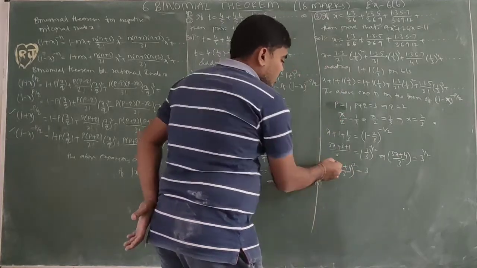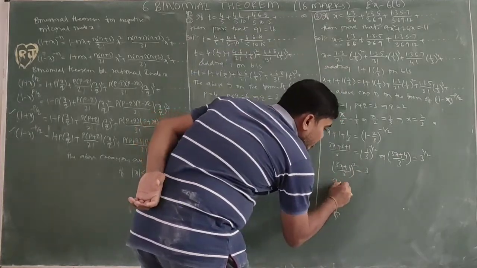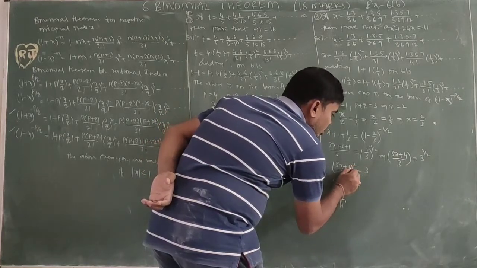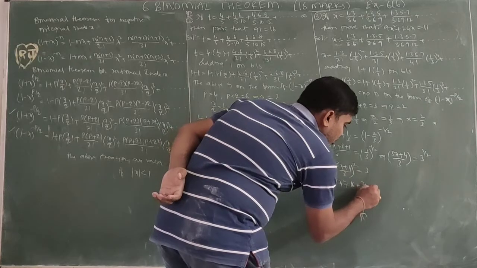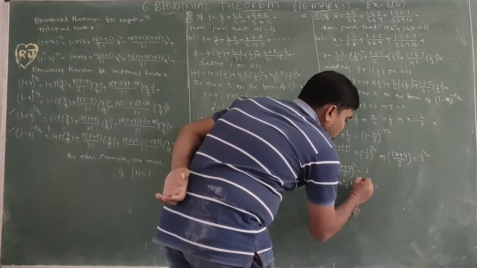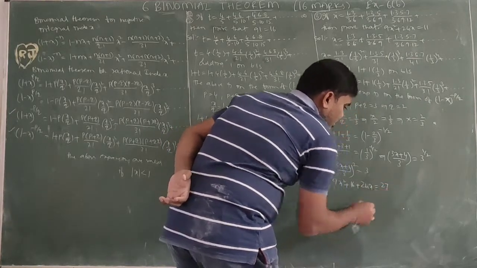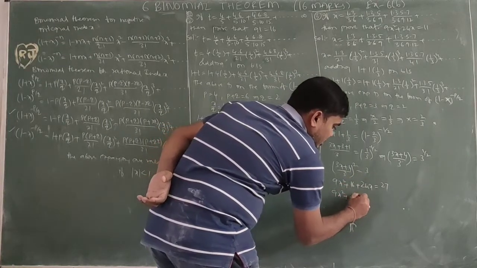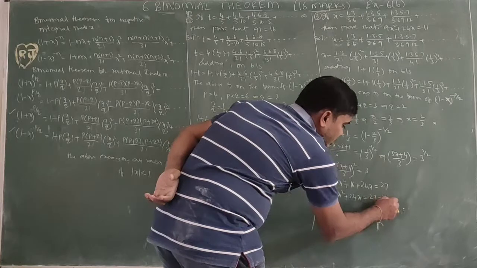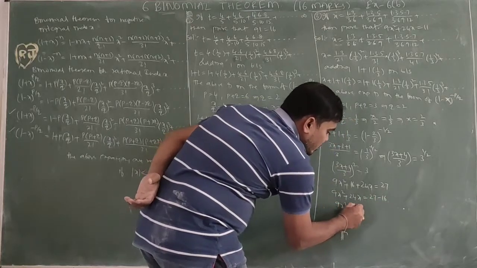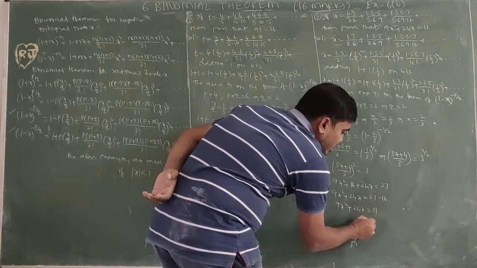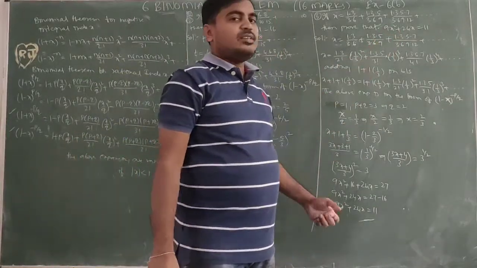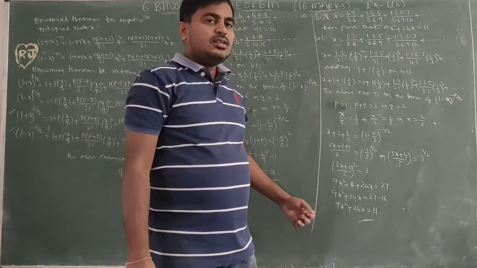Using (a plus b) whole square, 9x square plus 16, a square plus b square plus 2ab, 2 into 4 is 8, into 3 is 24x, equal to 3 square into 3, that is 9 into 3, 27. Bringing outside, 9x square plus 24x equal to 27 minus 16, which is 11. So 9x square plus 24x equal to 11. This is the required solution.